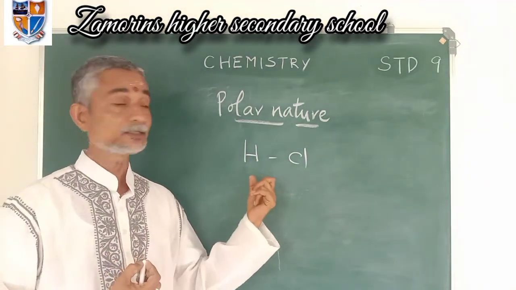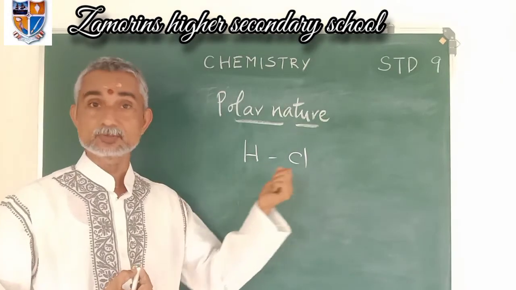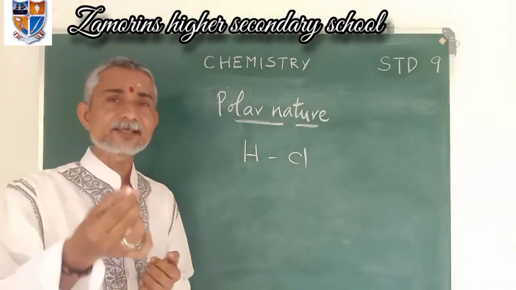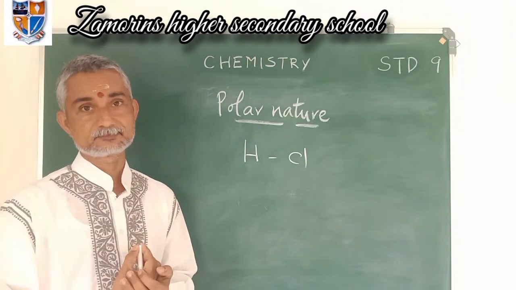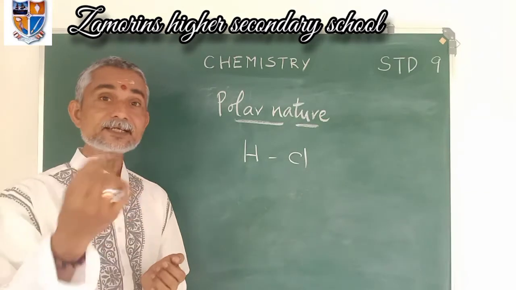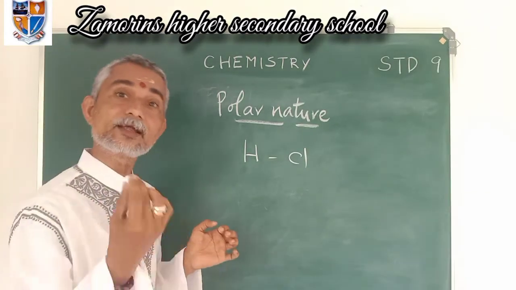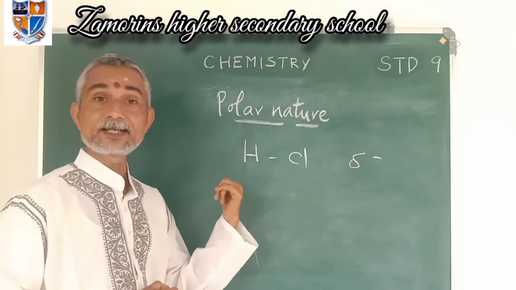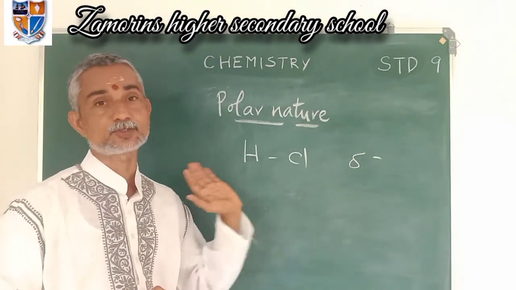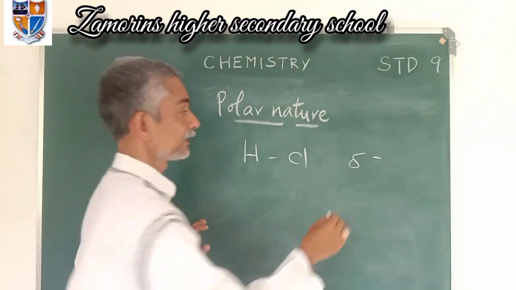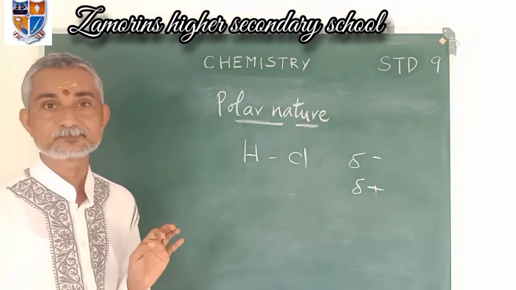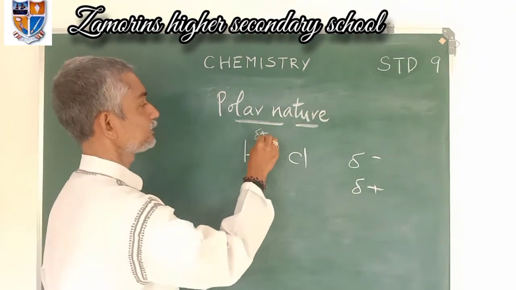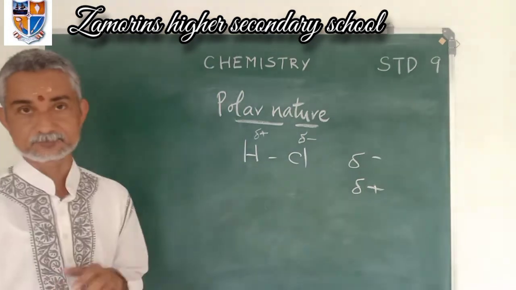So, chlorine attracts the electrons more towards its side, to its nucleus, so it gets a slightly negative charge. That little negative charge is called delta negative. And hydrogen loses its attraction power, so it gets delta positive, usually written in this manner, delta positive and delta negative.